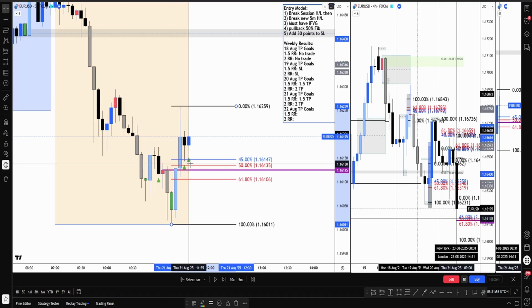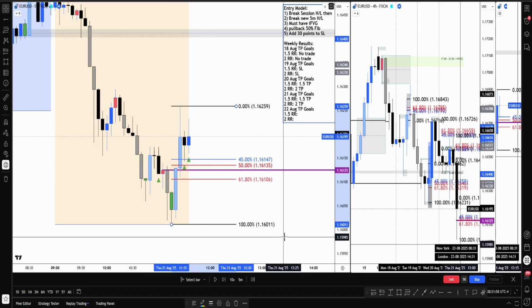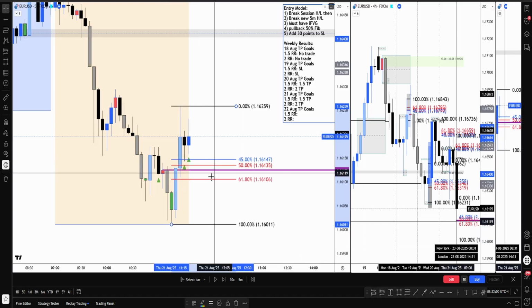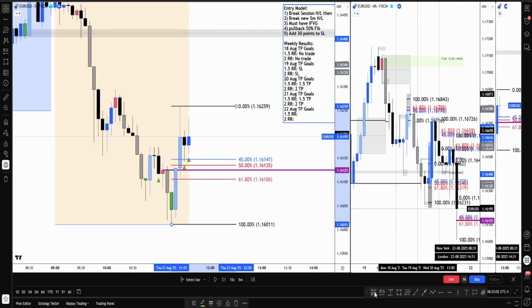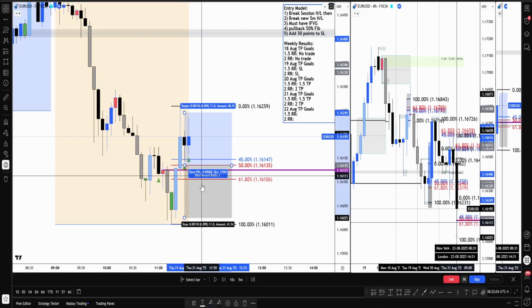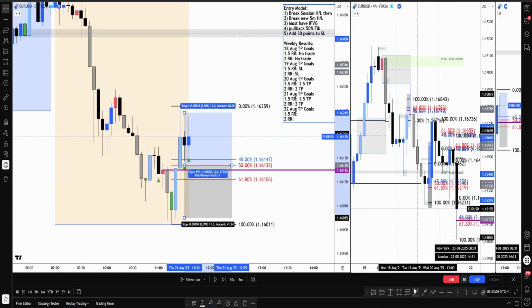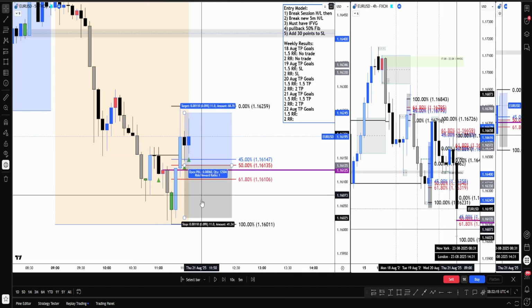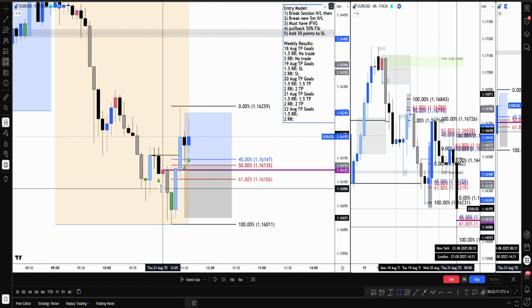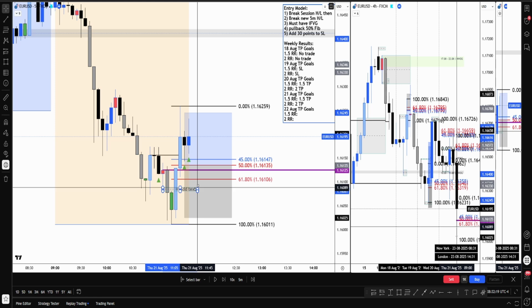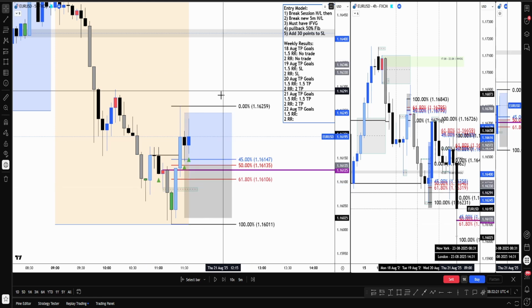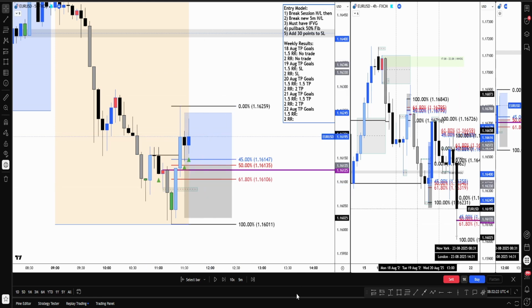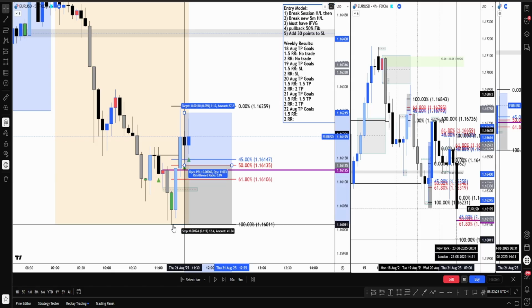Price did not come back to the 50% level, but let's just quickly see here what are we looking at. We're looking for this. Okay, price is close below that high as well there. All right, we have our inverted fair value gap right there. All right, so now let's have a look here.